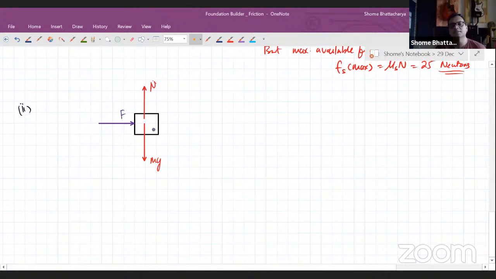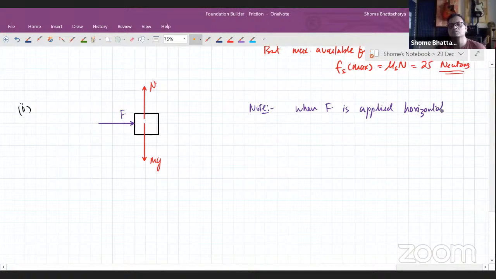The moment we apply some force, when F is applied horizontally, the block tends to slip. So immediately friction comes into play.